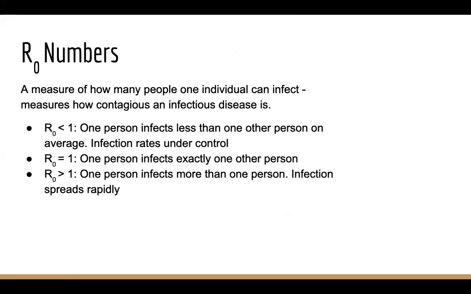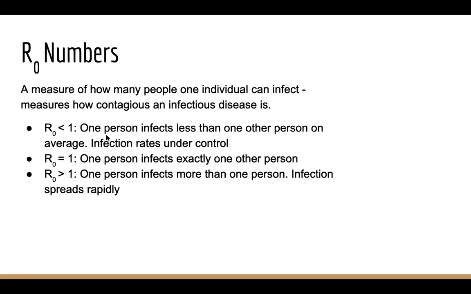There is a principle called R-naught numbers, which is a measure of how infectious or how contagious an infectious disease is, and it also tells you on average how many people one individual can infect. If the R-naught value is less than 1, one person will on average infect less than one other person.